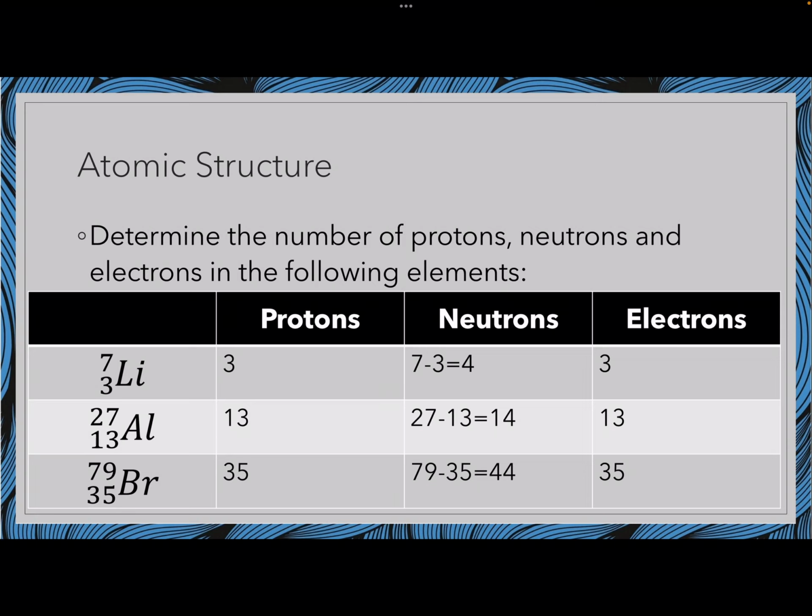And again, these are all neutral, so it gives us the same number of electrons as there are protons. Lastly, bromine, atomic number of 35, so it's 35 protons, 35 electrons, and 79 take away 35, so 44 neutrons.